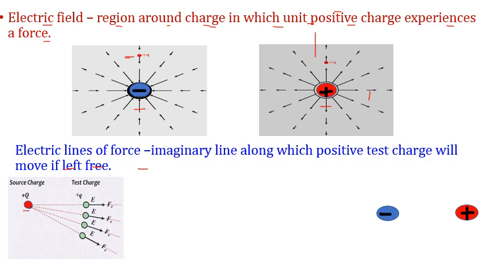In its surrounding region there is electric field. If test charge is here, it will move in this direction. If test charge is here, it will move in this direction. If test charge is here, it will move in this direction. These are the paths, either this one or this one or this one, along which this test charge is moving. This path is nothing but electric lines of force.